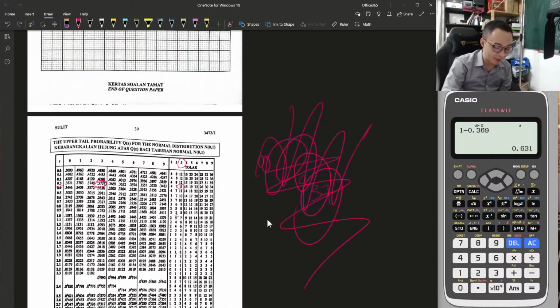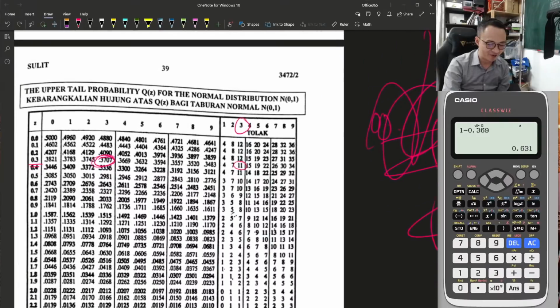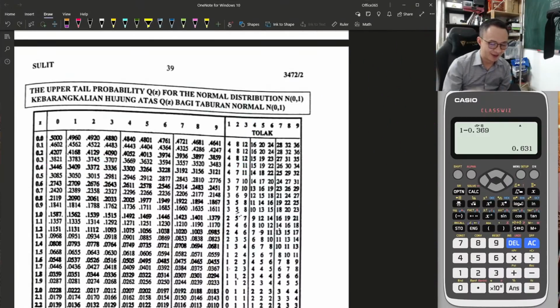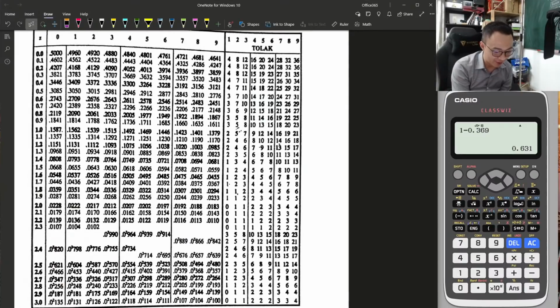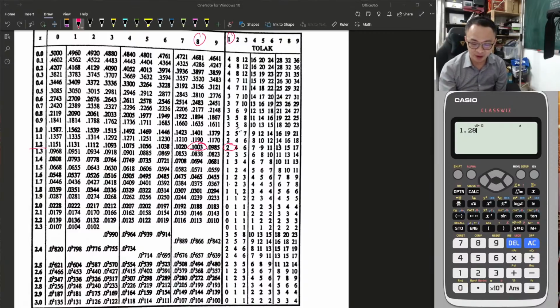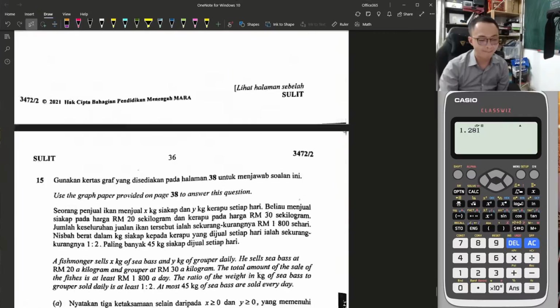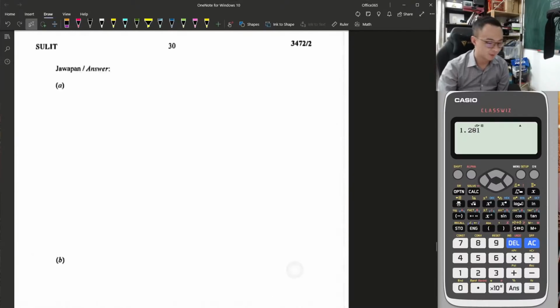Okay, this now is the probability inside. Maybe I scrolled too fast and the computer hasn't reacted yet. Okay, 0.1, where is the 0.1? 0.1 is somewhere here. Okay, 1.281.